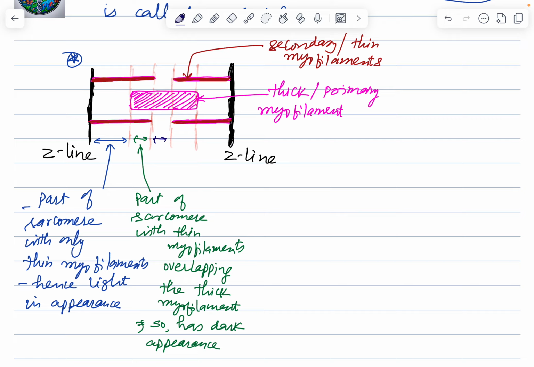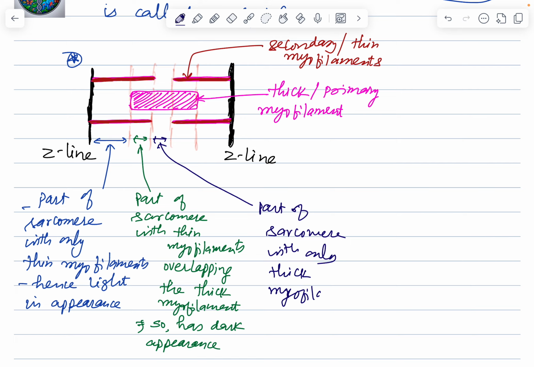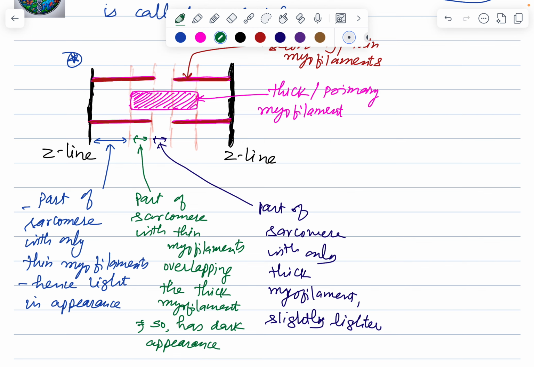Look at this portion. Part of sarcomere with only thick myofilament. So once again slightly lighter. And then repetition here. What do you have?